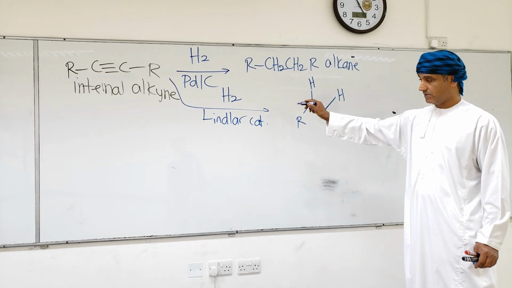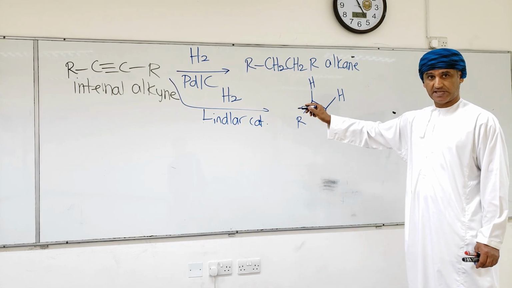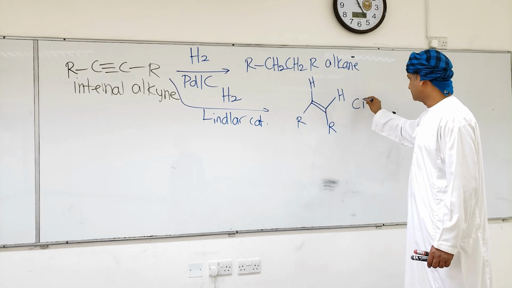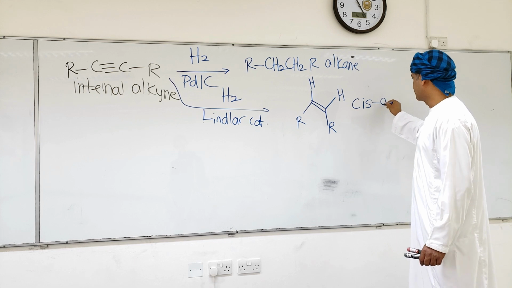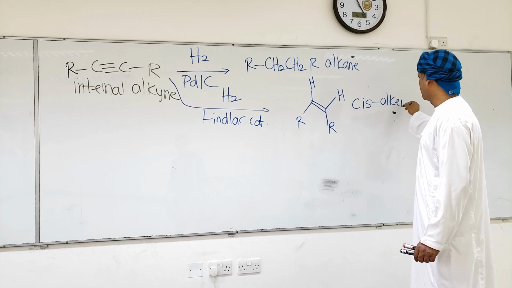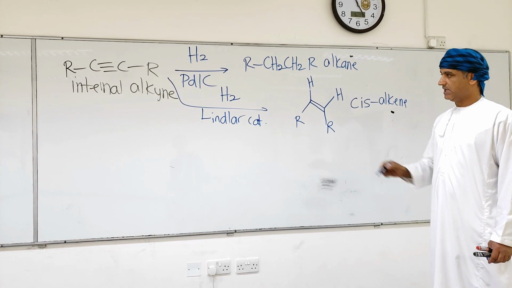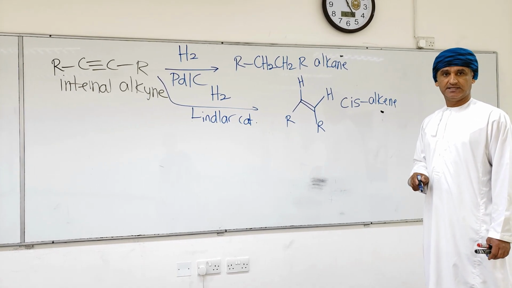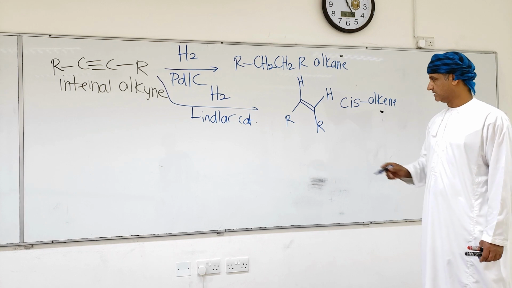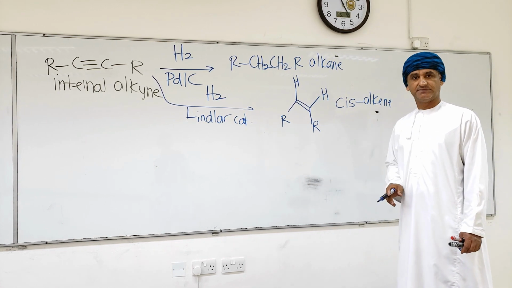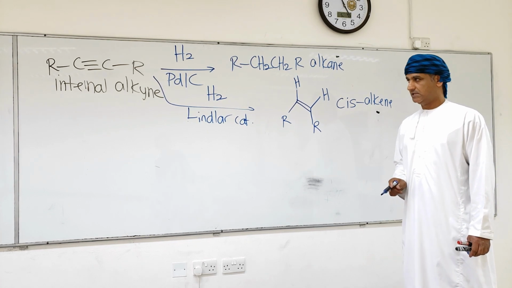In the hydrogenation reaction using Lindlar's catalyst, the cis alkene is produced. The two R groups are on the same side of the double bond.